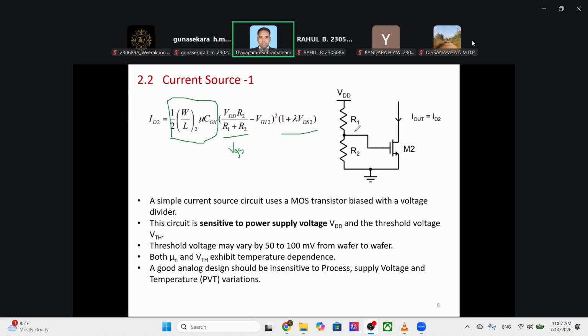Okay, we will see. Variation here will have some effect, right? Then what are the other variations? Transistor PVT variations. What are those PVT variations? Let's discuss that in a while.